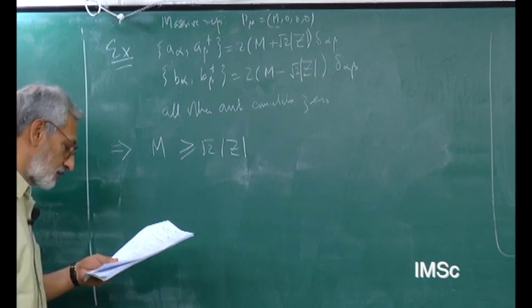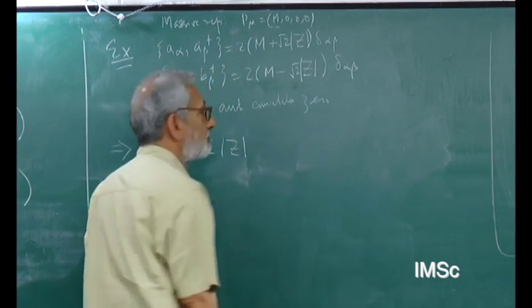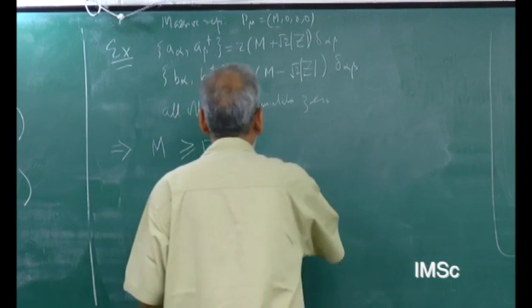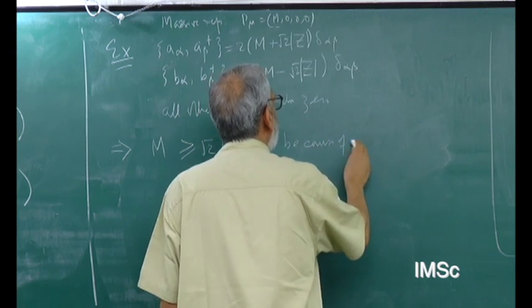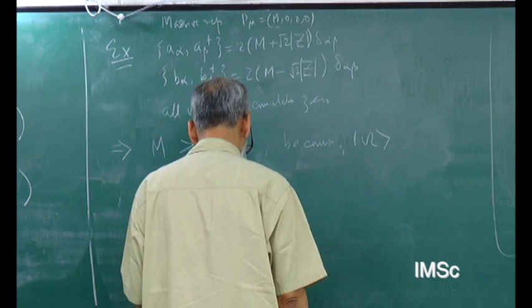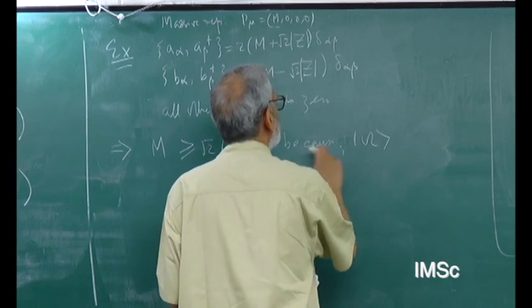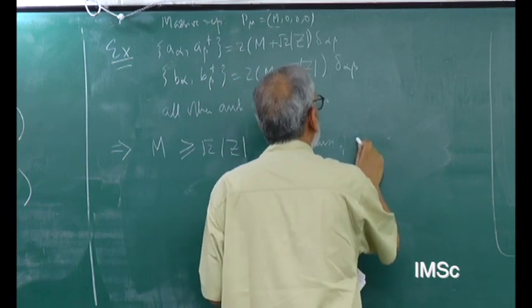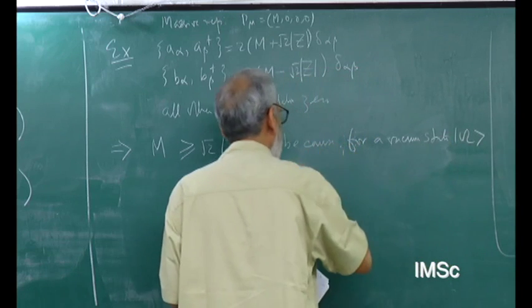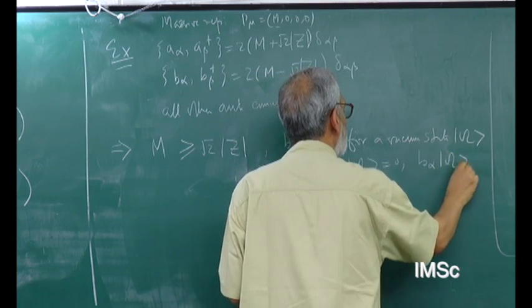So that this is positive. Why? Because if I take a state omega, a vacuum state, that means A alpha on omega is 0, B alpha on omega is 0.